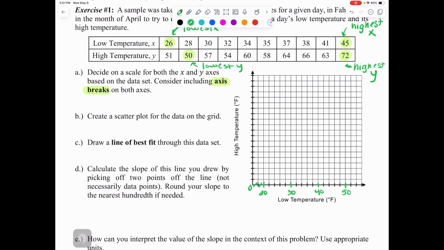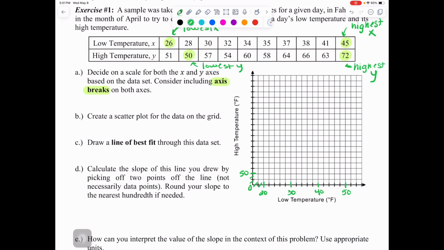We'll do the same thing for the Y values. My lowest is actually a 50, so we'll jump right up with the double break like we did before, and we'll let this line be 50. Then we will have the same scale of going by 2s, because that should get me up past 72, which is my highest.